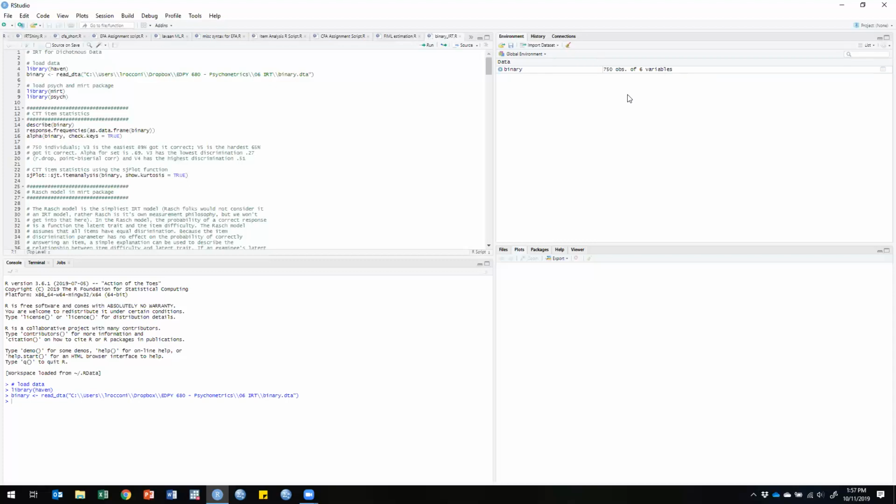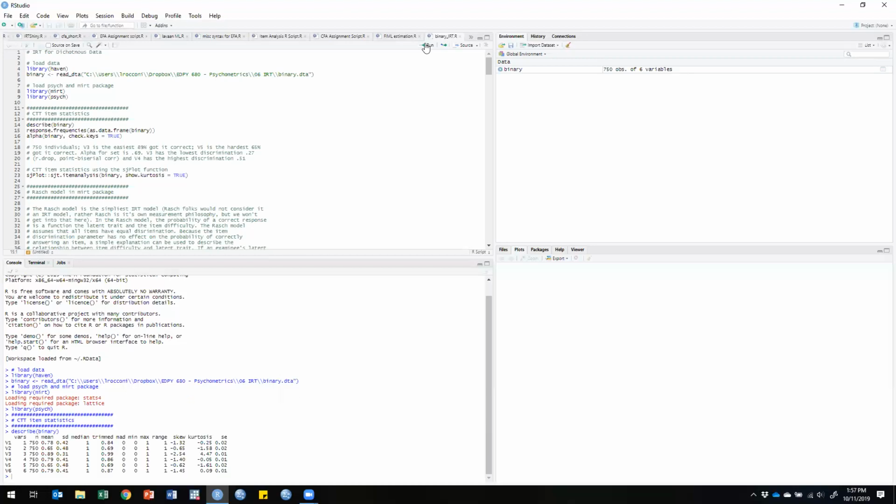We're going to use the mirt package, the multidimensional item response theory package, and we'll use the psych package too, just to calculate some different classical test theory statistics, just to give us an idea of what these data look like.